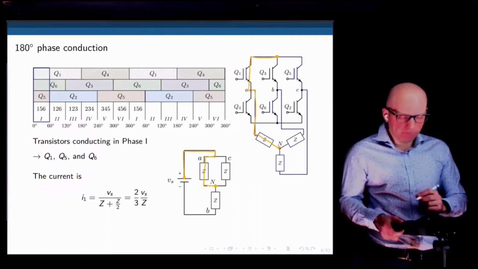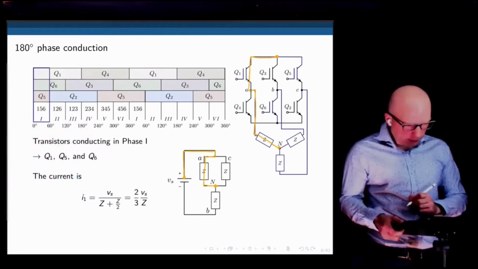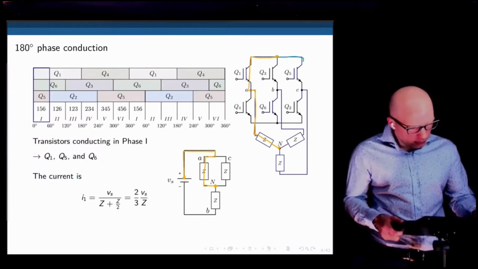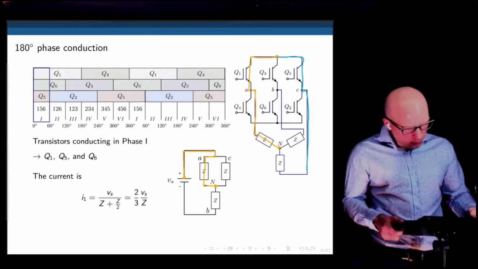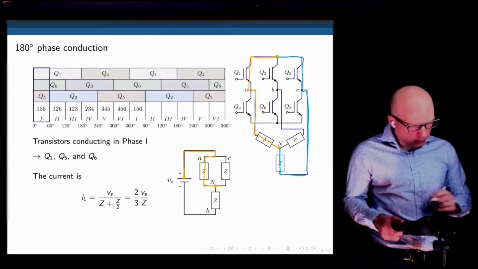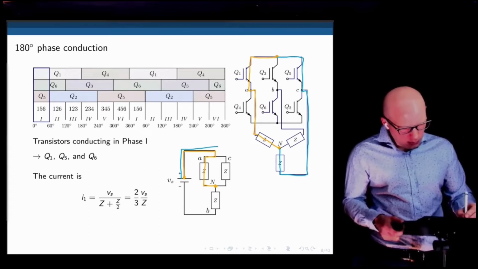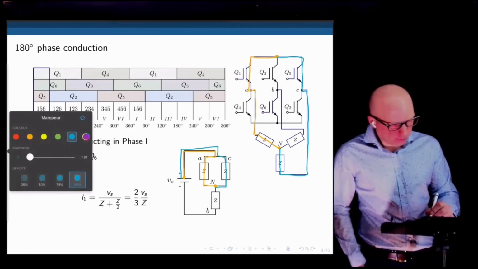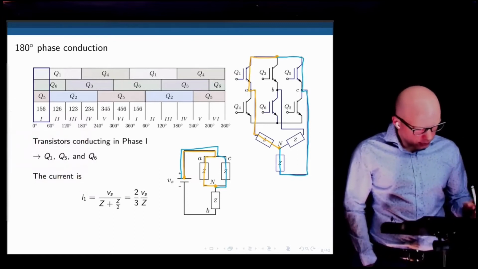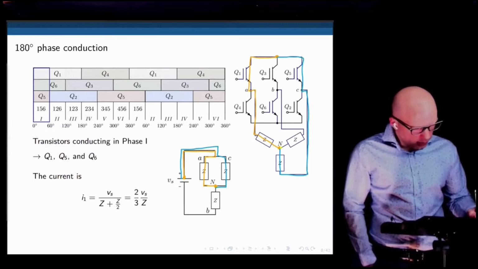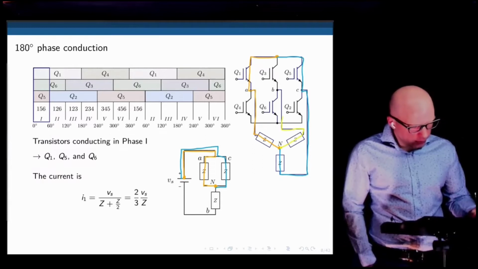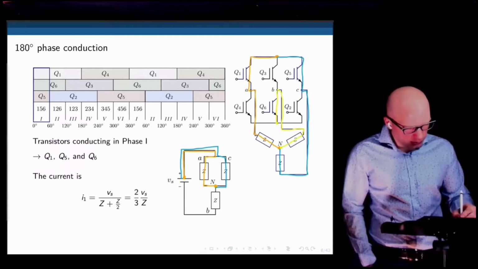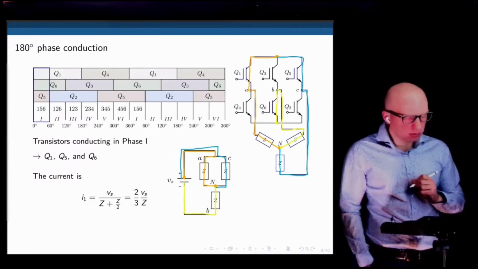Now transistor Q5 is also connected, so it will go this way through C and to the neutral. So it would be this branch there. And then finally, we have transistor Q6. Q6 will now provide an output path for the current like that, and that goes to the other side of the power source. So this is this path there.